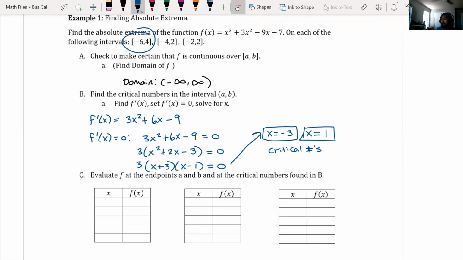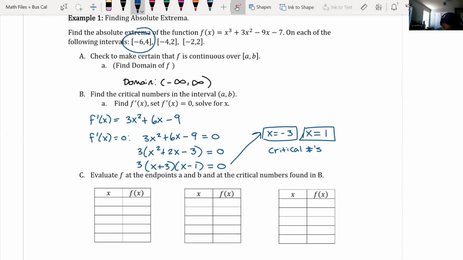And we only need the endpoints of the interval and the critical numbers, because that's what the theorem above stated. Absolute maximums and minimums only happen at the endpoints of your interval and at critical numbers.